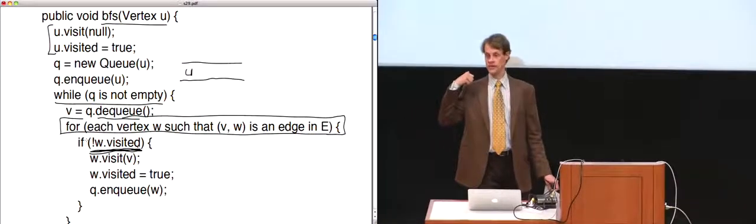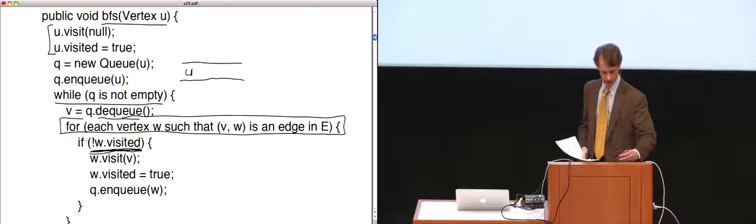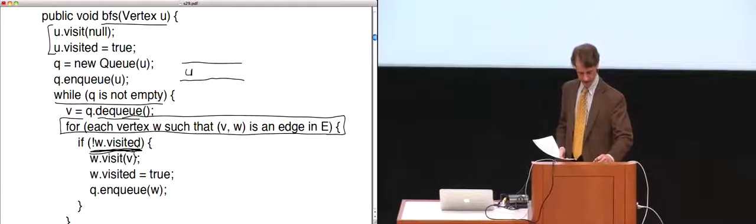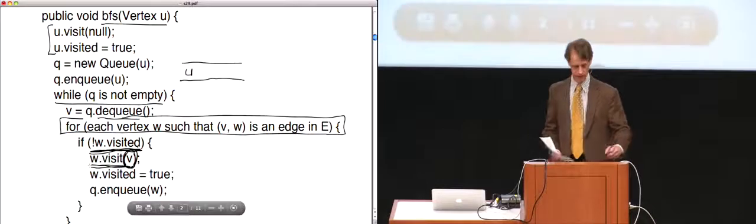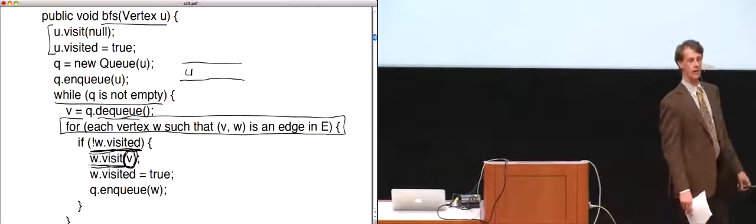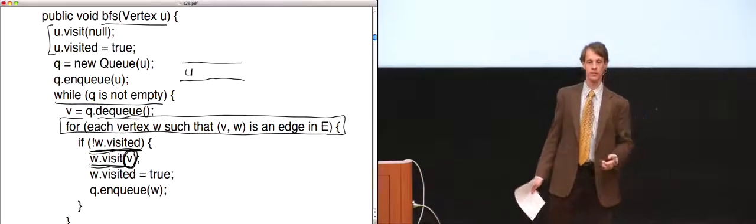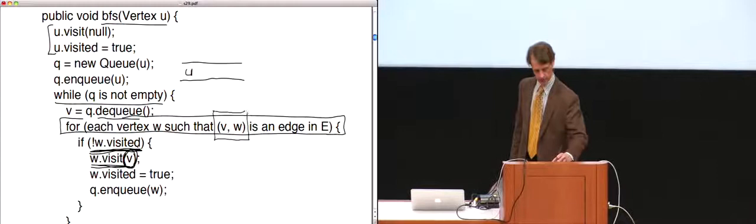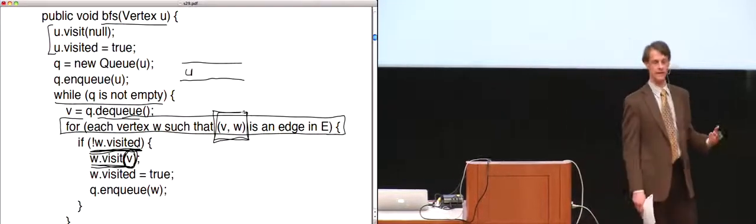So with this code, one thing you'll notice is that I have a visit method that takes a parameter here. When I visit a vertex W, I am passing along the vertex by which I got to W. So what are V and W? There's an edge VW in the graph, and I follow that edge and I find W and I visit it.